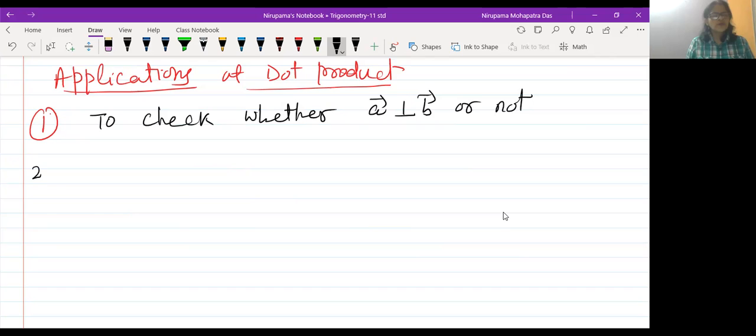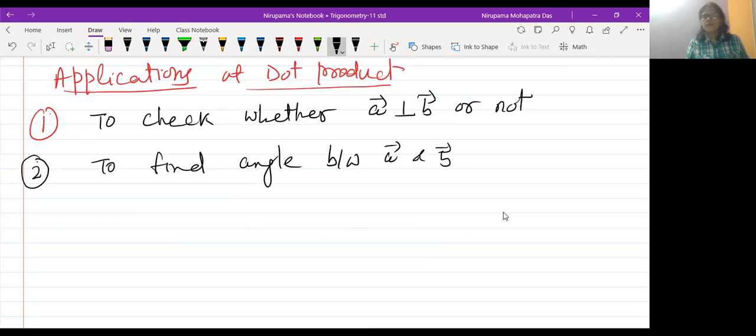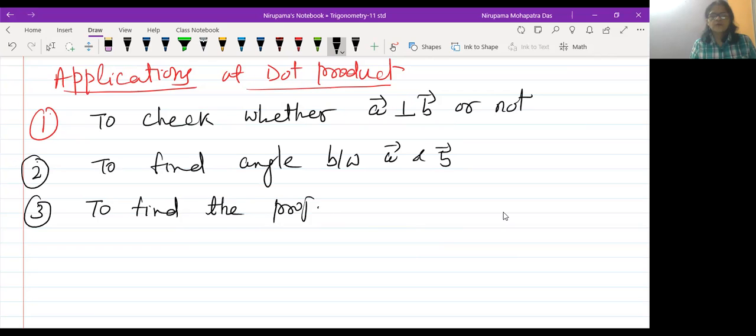The second application is to find the angle between vector a and vector b. Acute angle, obtuse angle, everything you can find out. The third one is very important: to find the projection, and the projection vector also.